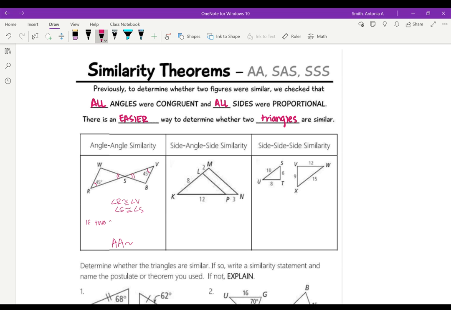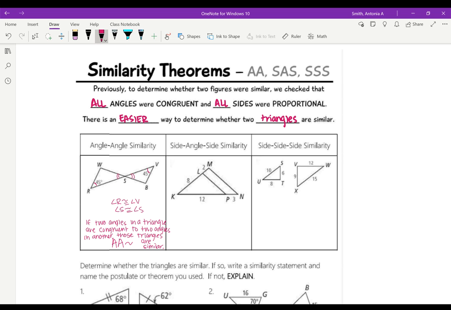If two angles in a triangle are congruent to two angles in another, those triangles are similar. Okay, and this is angle-angle similarity.